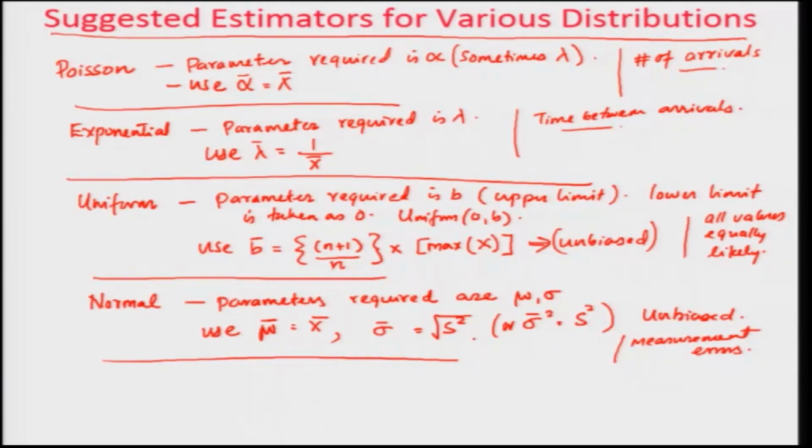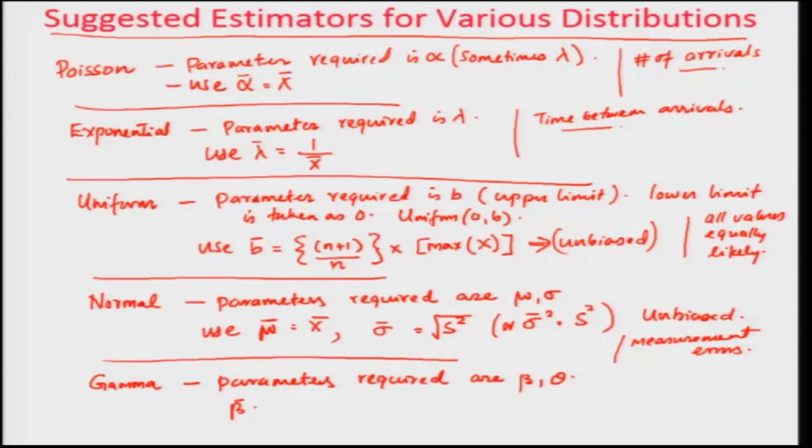Okay. Then there is one more distribution which is not that prominent, but it is called gamma. Okay. And the gamma distribution parameters required are beta and theta. Okay.